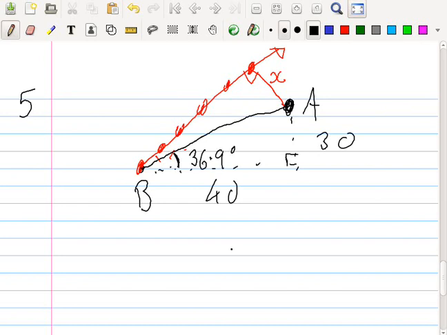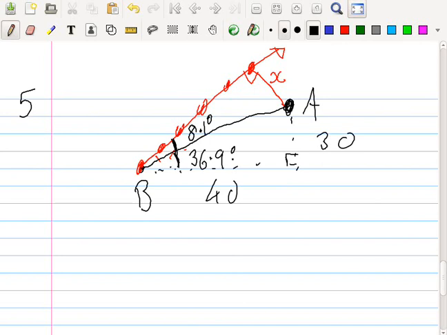36.9 degrees. So because you know the total is 45, give me this angle. 8.1. Now this is 90. Oh guys, come on. Tan, this angle is 30 over 40. So tan inverse 30 over 40 is that angle.